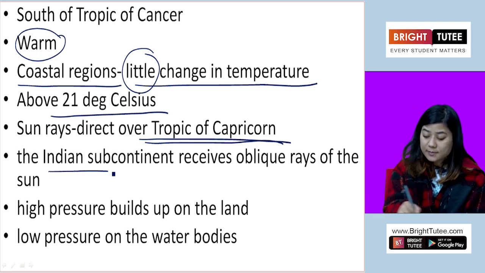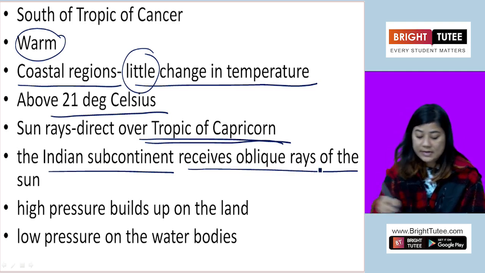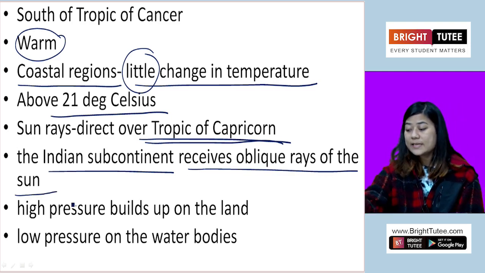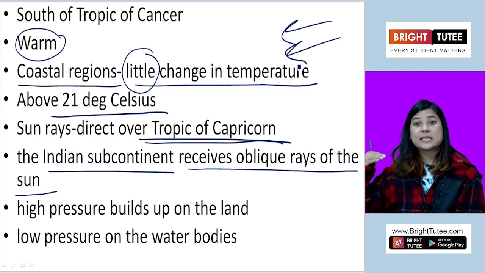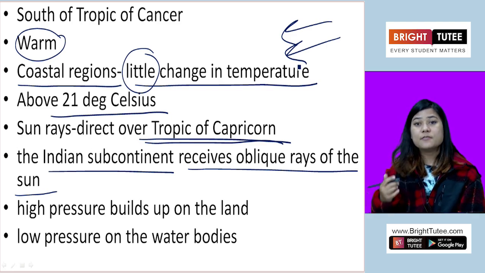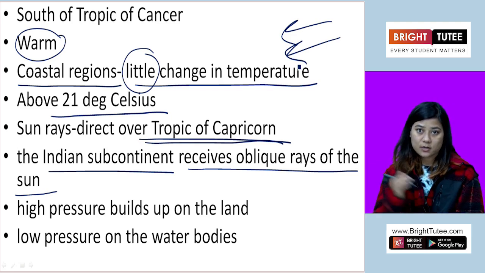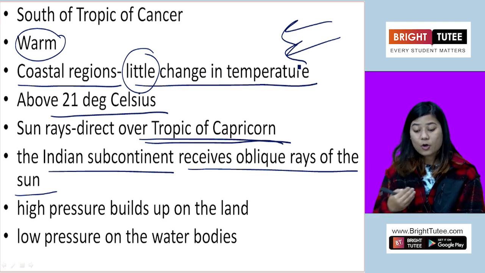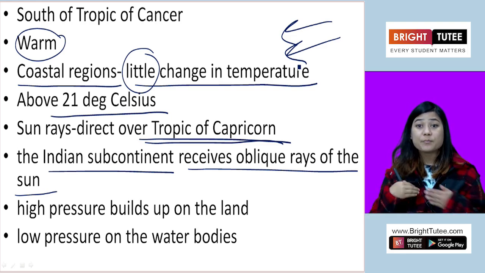And the Indian subcontinent, because of this reason, receives oblique rays of sun. Oblique means, when the sun rays are direct, then it is straight. When we said in the summer, the sun rays fall directly on the Tropic of Cancer, direct. But now we are saying the sun rays fall directly on Tropic of Capricorn.